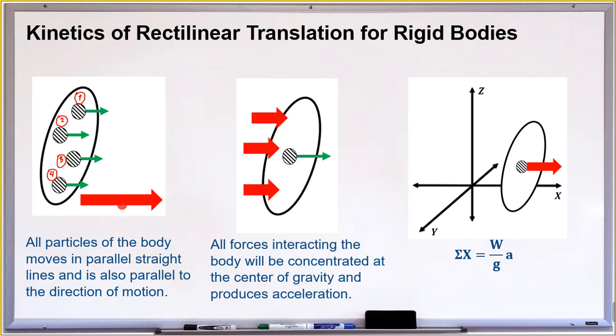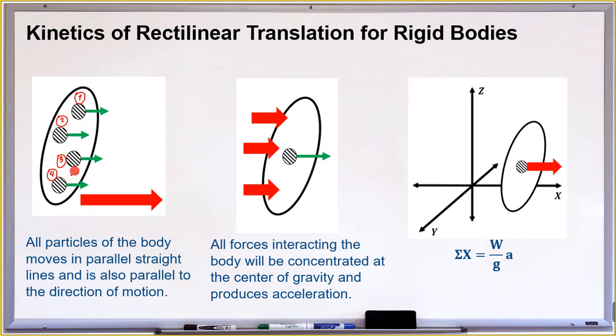The mechanics behind this, or the laws in analyzing the rectilinear motion of rigid bodies, is that all the particles that comprise the body move parallel to each other. So particle 1 moves towards the right, which is parallel to the movement of particle 2, and also particle 3 and particle 4.